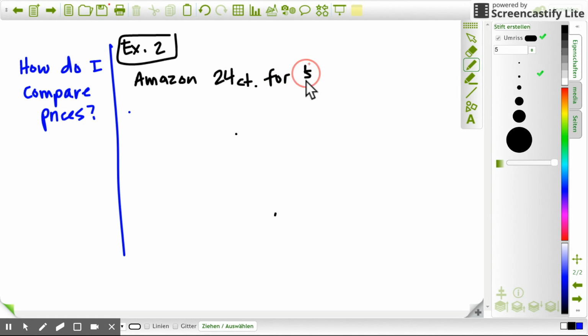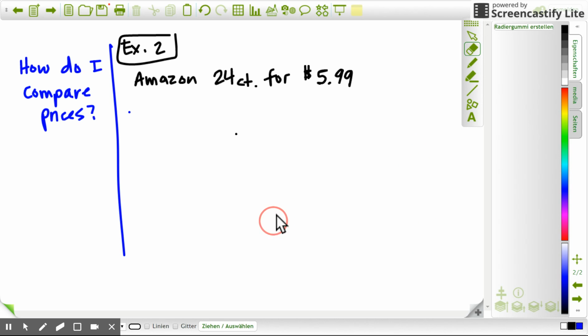By the way, count, CT, is an abbreviation for count, and count just means per pencil or whatever it is. If you're talking about fruit snacks or pens, whatever it is, just per pencil. So in this case, pencils.